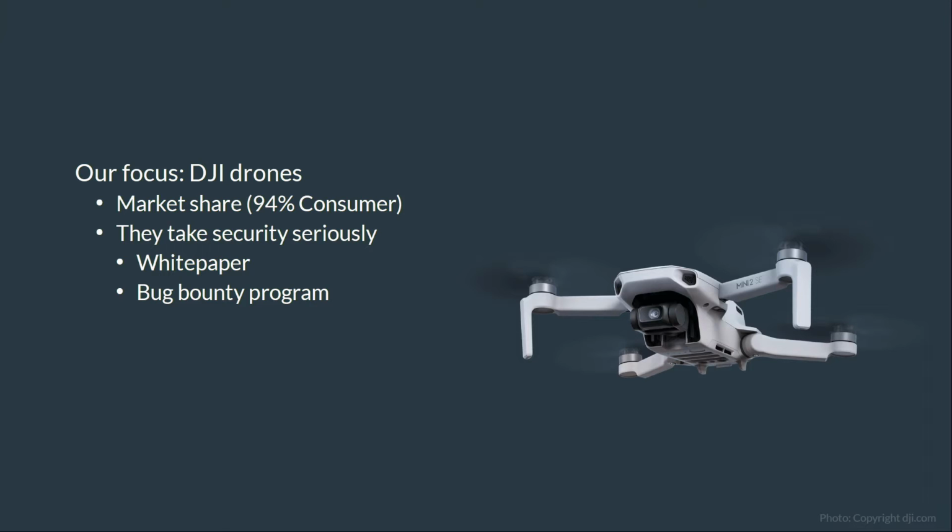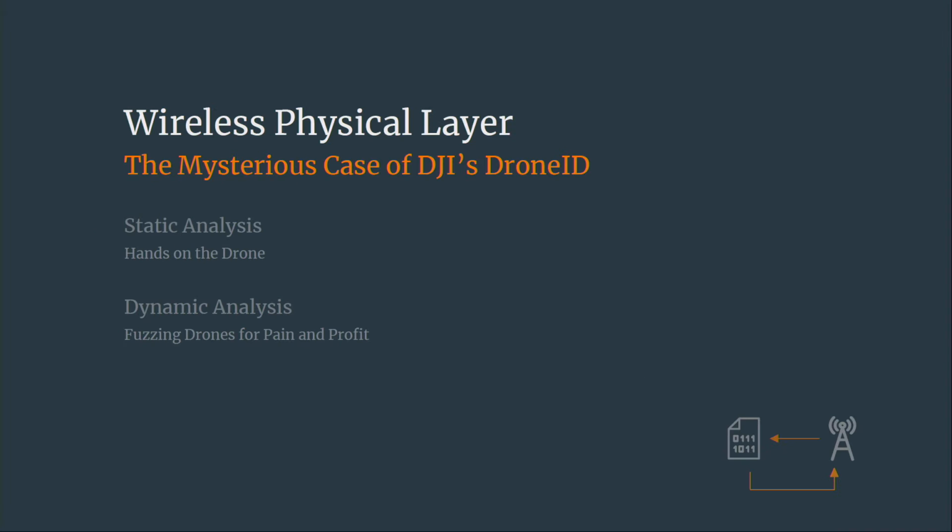So they have a security white paper where they describe the countermeasures which apply to their drones, and they also have a bug bounty program where you can submit your bugs and get some money for them. And finally, they also made some inconsistent statements in the past about their transmitted signals. So they misspoke on some points, and that's what we were also looking for.